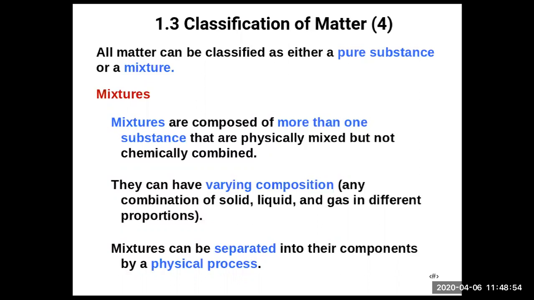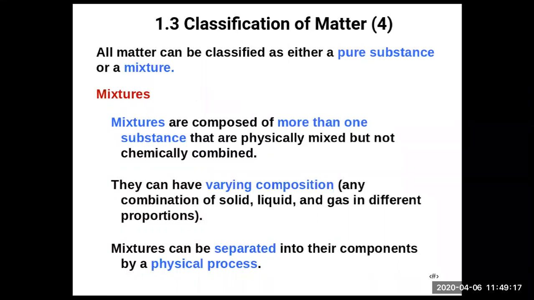And mixtures can have varying composition. For example, if we take the example of salt and water, you can have more or less salt in the water. So you can have just a few grains of salt in a glass of water, or you can have a full spoon of salt in a glass of water. So their composition is varying.